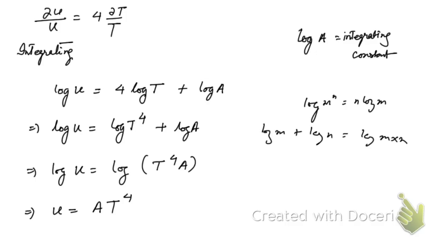Also, the total rate of emission per unit area of the black body is proportional to the energy density. So let me copy this equation and take a new slide.